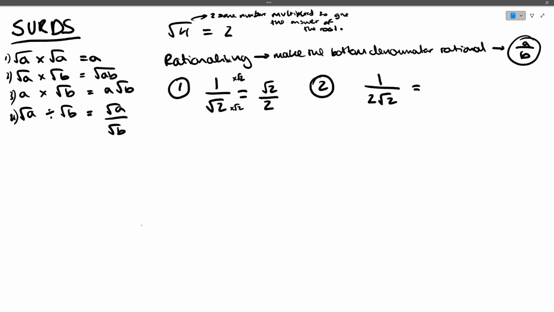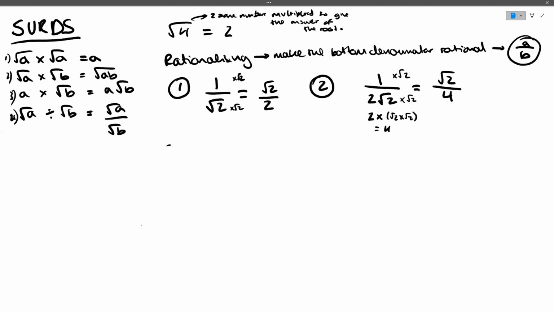Now, that's not wrong, but what I do is times this still by root 2, because what that means is equal to 2 times, because this literally just means times, as you can see here from rule 3. 2 times root 2 times root 2, which we know is 2, so that's just going to be 4. 2 times 2 equals 4.